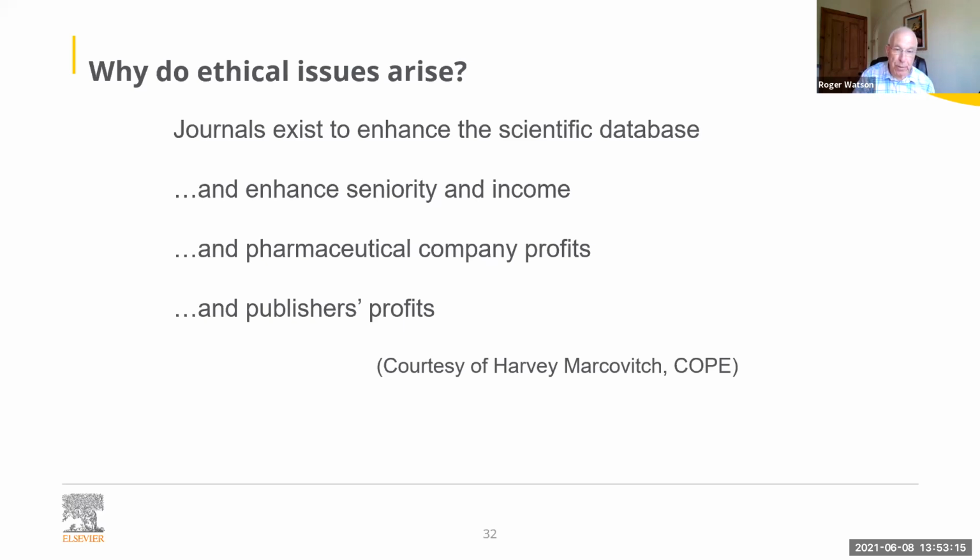Pharmaceutical companies will put pressure on people to exaggerate the effects in their trials, or to ignore the trials that are not showing what they want them to show. That's part of registration. And of course, publishers and indeed editors are often looking for papers that seem to be sensational, or something that's likely to be highly cited, even if it's not necessarily correct.